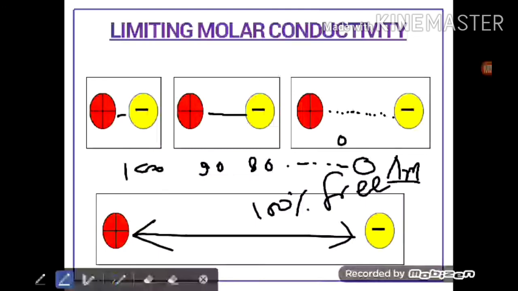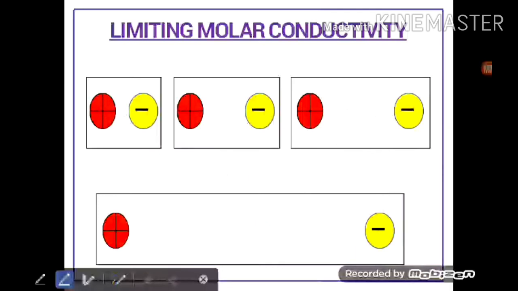Now I am going to define molar conductivity at infinite dilution, because we don't know how much volume of solvent we should add to minimize the interparticle attraction. So the molar conductivity at infinite dilution means when the attraction is 0.